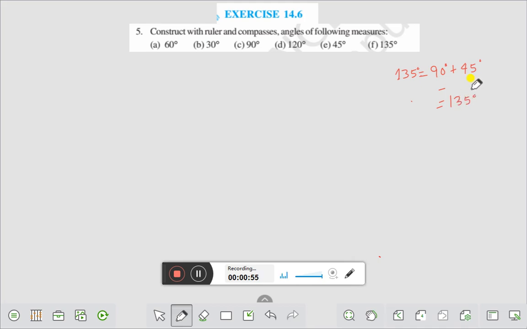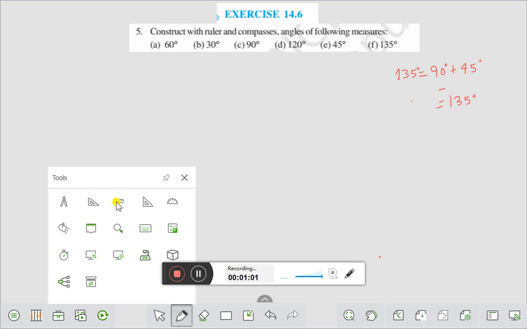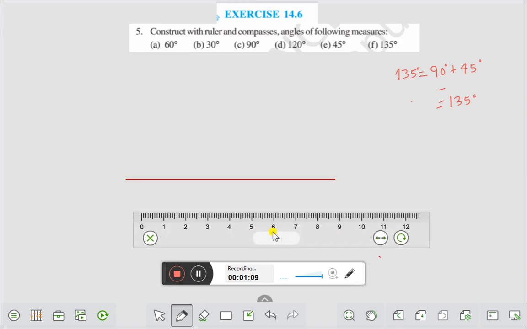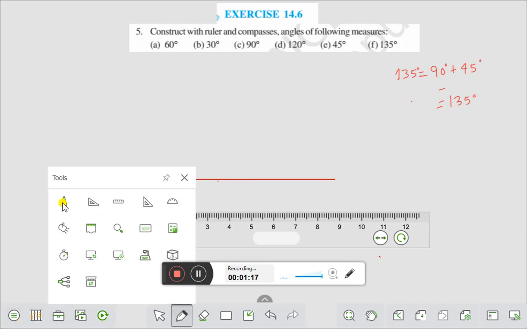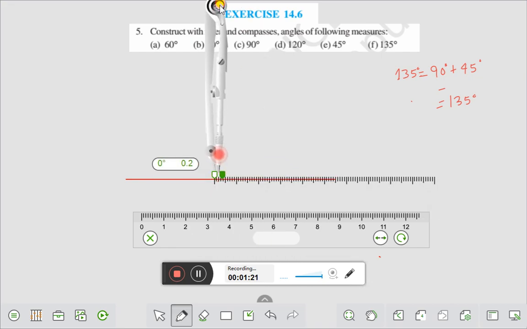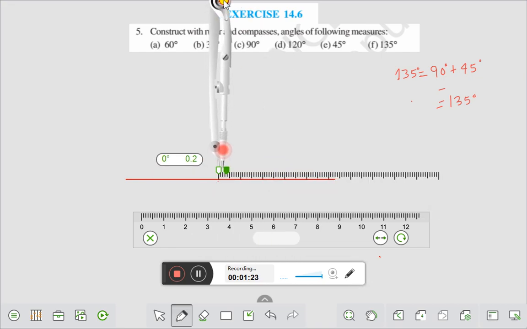First of all, take a ruler and draw a line, right? Now take any point on this line. At this point, with the help of a compass, draw an arc, taking the pointer at this point.